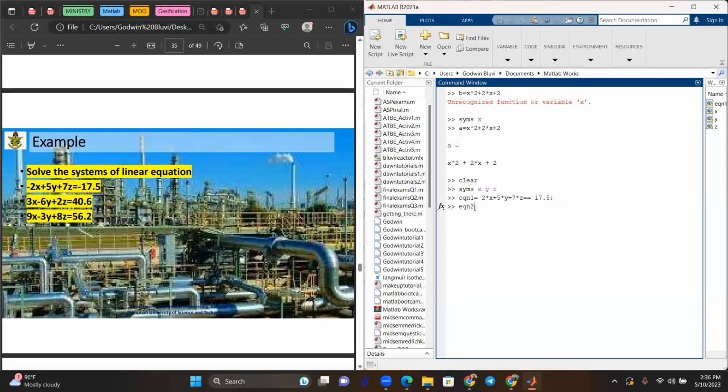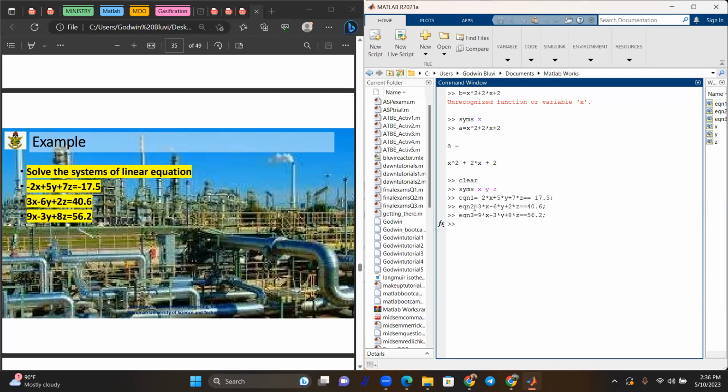Then equation 2 is equal to 3 times x minus 6 times y plus 2 times z, double equal to 40.6. Then equation 3 is equal to 9 times x minus 3 times y plus 8 times z, double equal to 56.2.